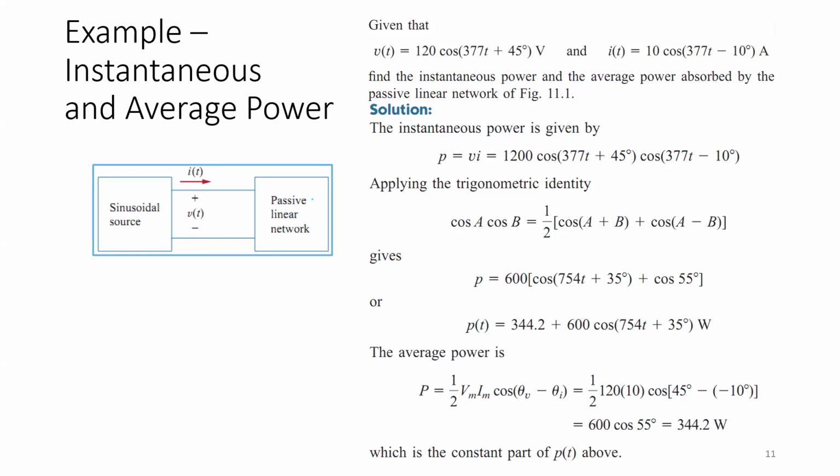Now we look into an example of instantaneous and average power. We are given v(t) equal to 120 cos of 377t plus 45 degrees, and i(t) is 10 cos of 377t minus 10 degrees amperes. Find the instantaneous power and average power absorbed by the passive linear network of figure 11.1.